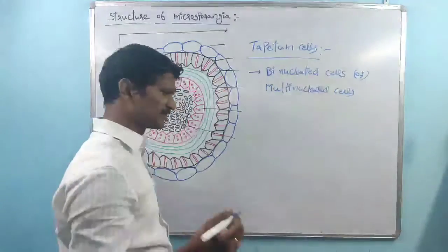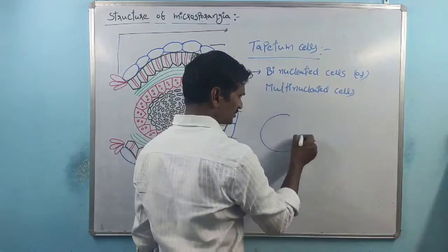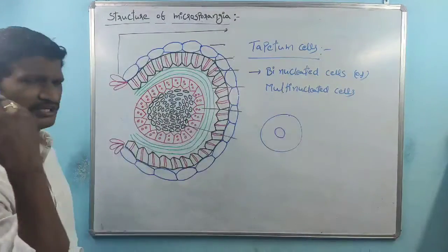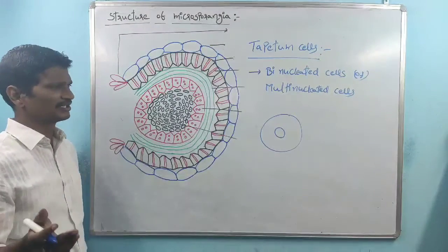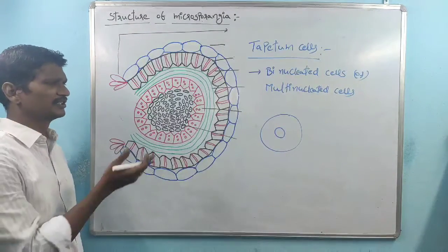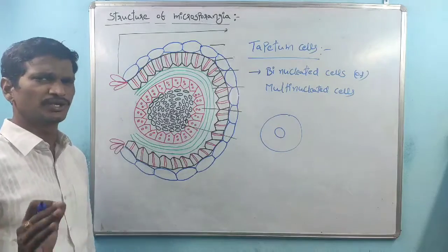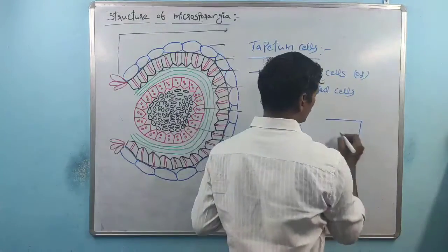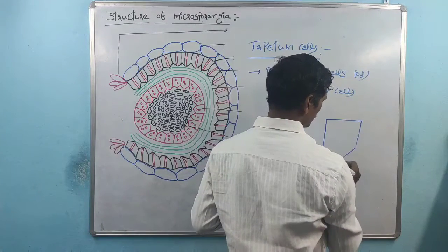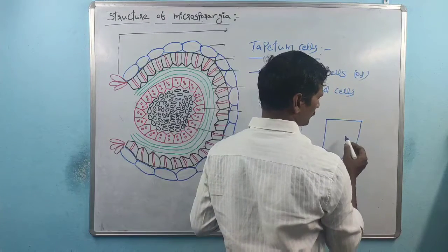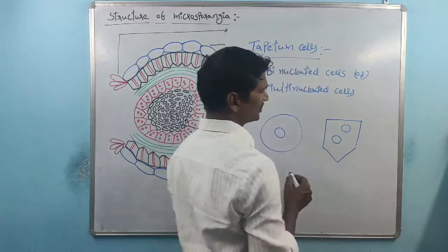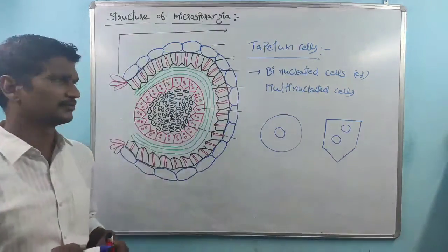Generally, we know about the normal cells. This is a normal cell. Only one nucleus is present, in 99% of the cases. One nucleus is present; this condition is called the uninucleated condition. But the tapetum tissue is quite different from the remaining tissues. Generally, tapetum cells are binucleated, meaning two nuclei are present.